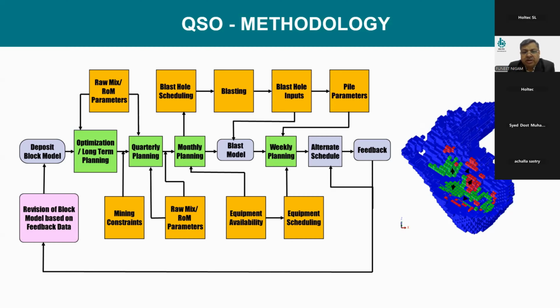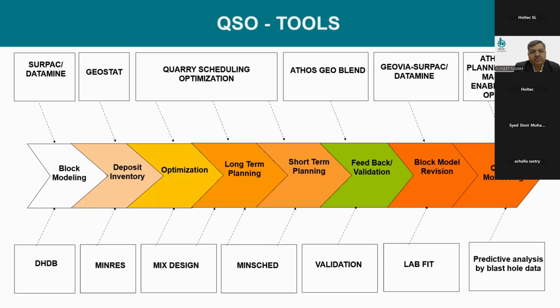This feedback data is used again to revise the model, as well as revise the weekly, monthly and daily schedule. Many parameters are considered: mining constraints, raw mix ROM parameters, the availability of mining equipment, and equipment scheduling. So this is just the methodology we adopt before the AI.